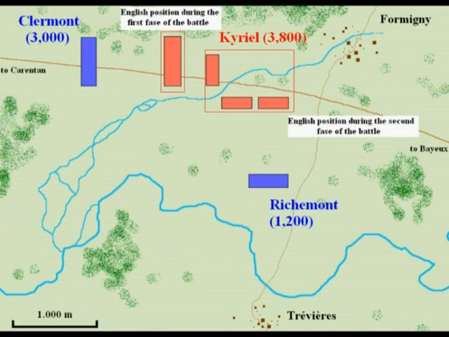So the French of Clermont arrived shortly after midday, and part of their vanguard was composed by the Scottish Compagnie under Cunningham.